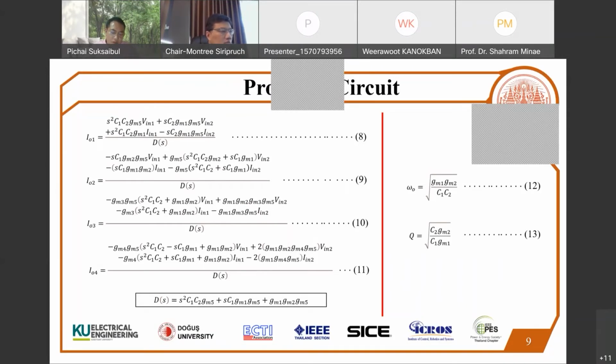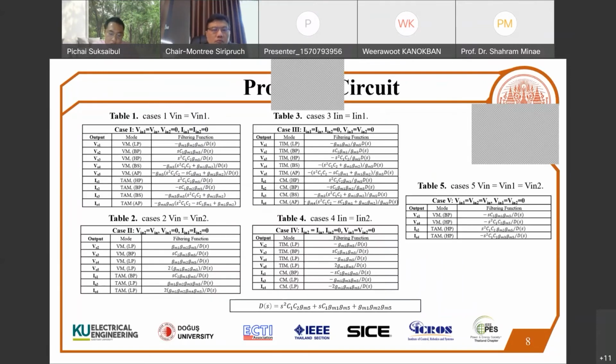Then we get omega 0 and quality factor Q from the determinant, shown in equations 12 and 13. So we obtained 36 transfer functions in 5 cases, by putting input voltage and current as shown in table 1 to table 5.